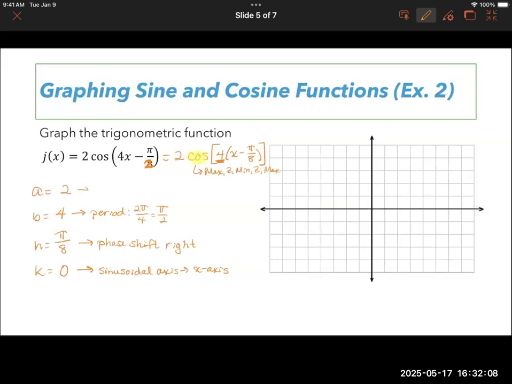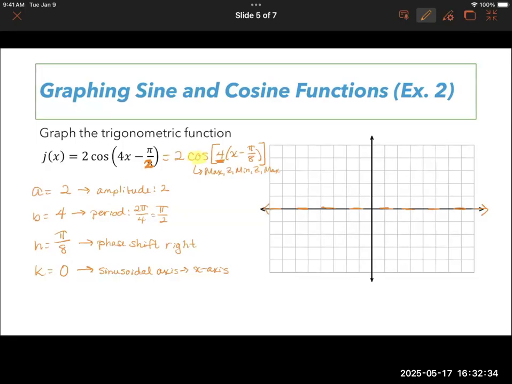And then since A is only positive this time, not negative, it's going to tell us what our amplitude is, but there's no reflection involved. So our amplitude is going to be 2. All right, so we know that our x-axis is going to be our sinusoidal axis. We're not moving that this time.